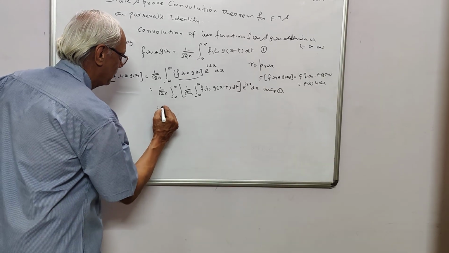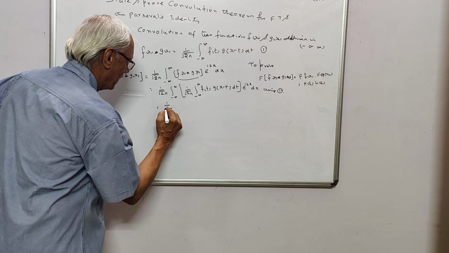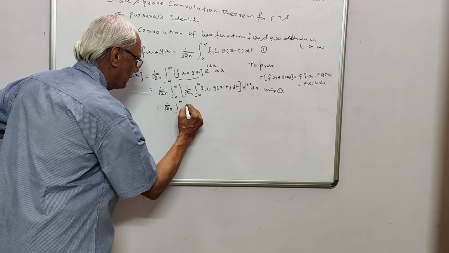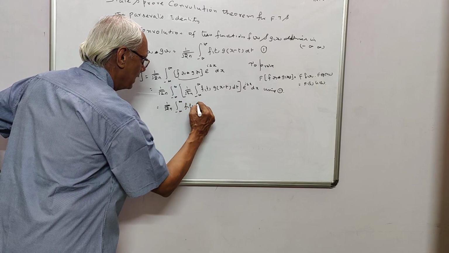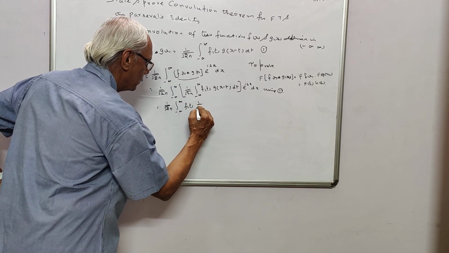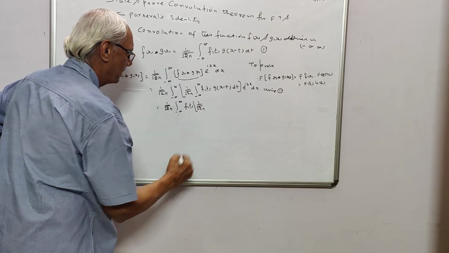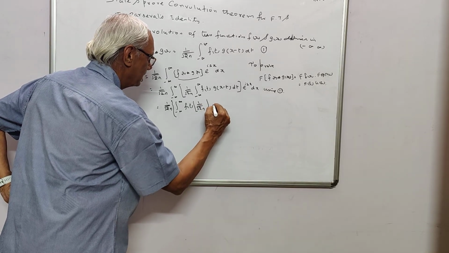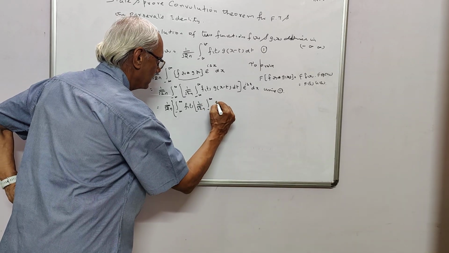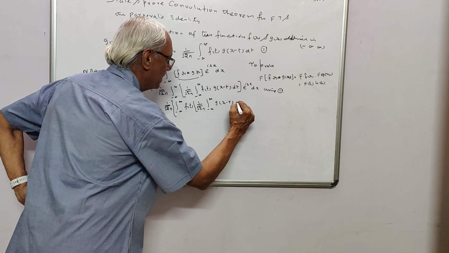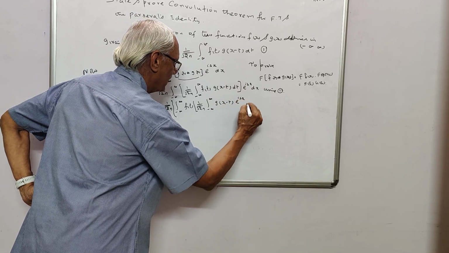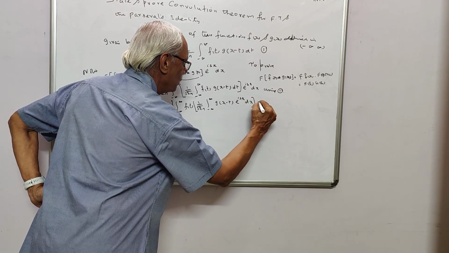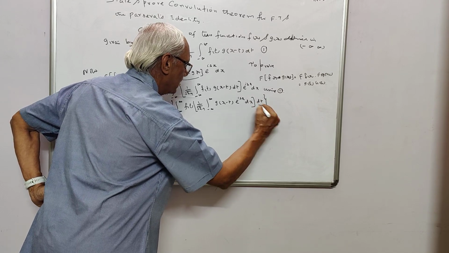What I will do here is write 1 by square root of 2 pi, minus infinity to plus infinity, f of t into 1 by square root of 2 pi, open a bracket like this, minus infinity to plus infinity, g of x minus t into e to the power of isx into dx, into dt.